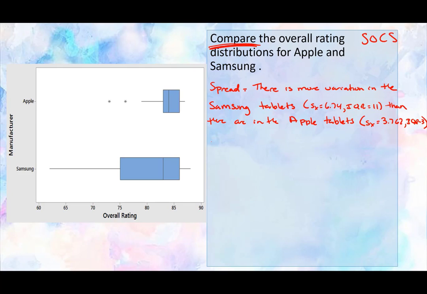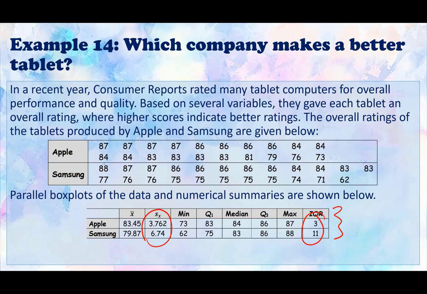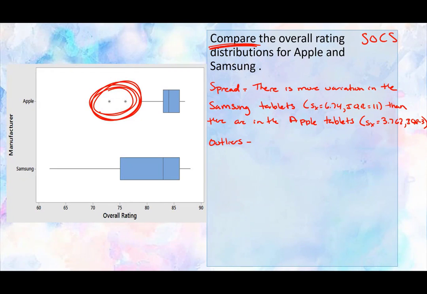Okay, so outliers. The cool thing is we didn't actually have to look for outliers here. They're given to us right here in this graph. And you can actually go back to the data that they gave you to see exactly what those points are. They look like they are the two lowest points, which are 73 and 76. Okay, so what can we say here?